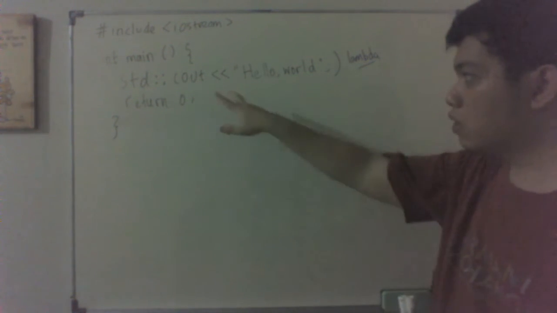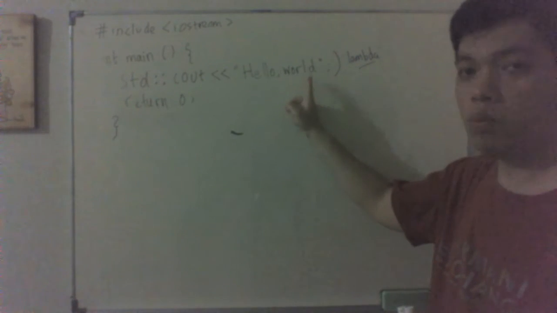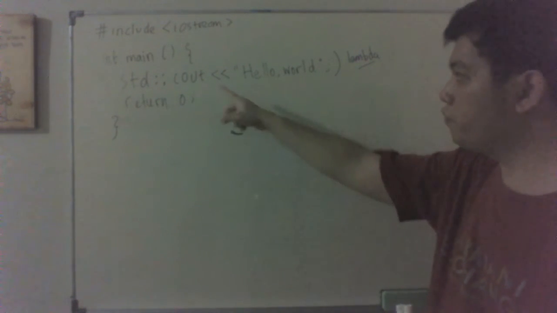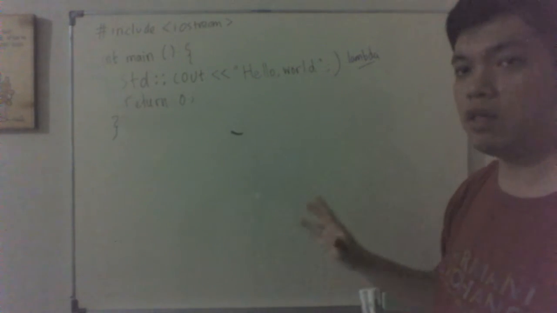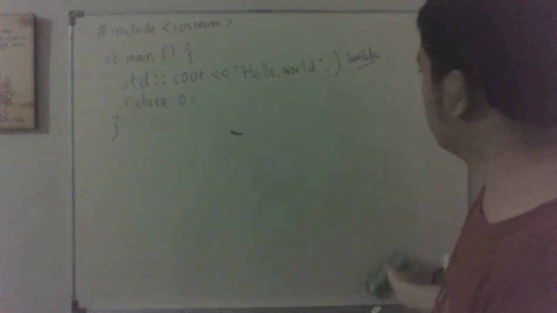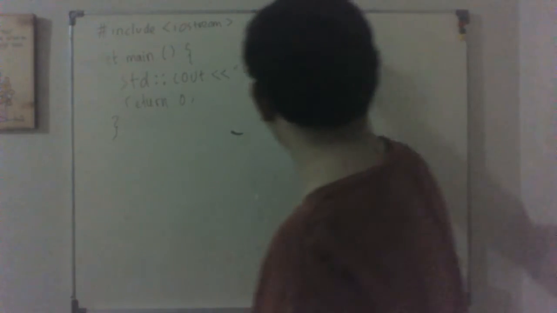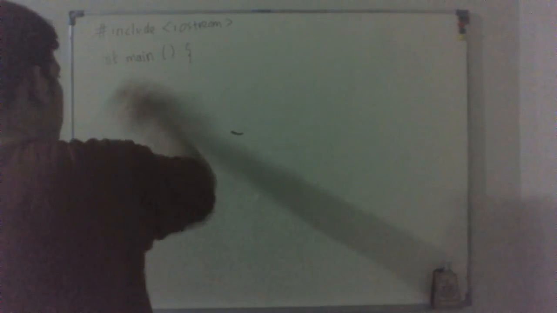So how to refactor or take out this one line of statement, displaying the text hello world, and put it in a lambda? Well, I will show you. We need to erase these 2 lines, or 3 lines, should I say.